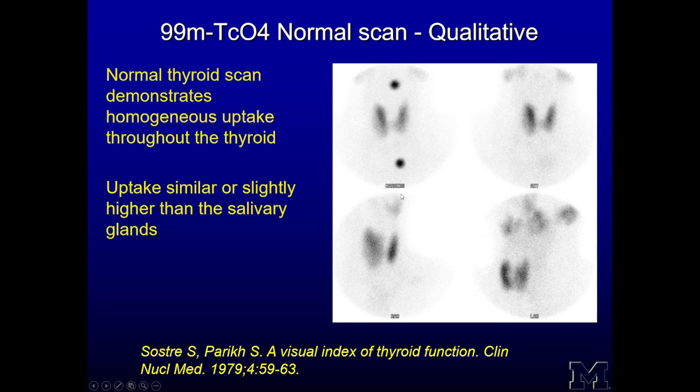So practically, this is a portrayal of a thyroid scan in a person with normal thyroid hormone levels, and the qualitative image interpretation gives us a visual impression of the normal thyroid hormone levels based on the thyroid to salivary gland ratio assessment. So when the thyroid and salivary glands appear isointense, or thyroid uptake is just slightly higher than the salivary glands, that gives us an impression of normal thyroid function.